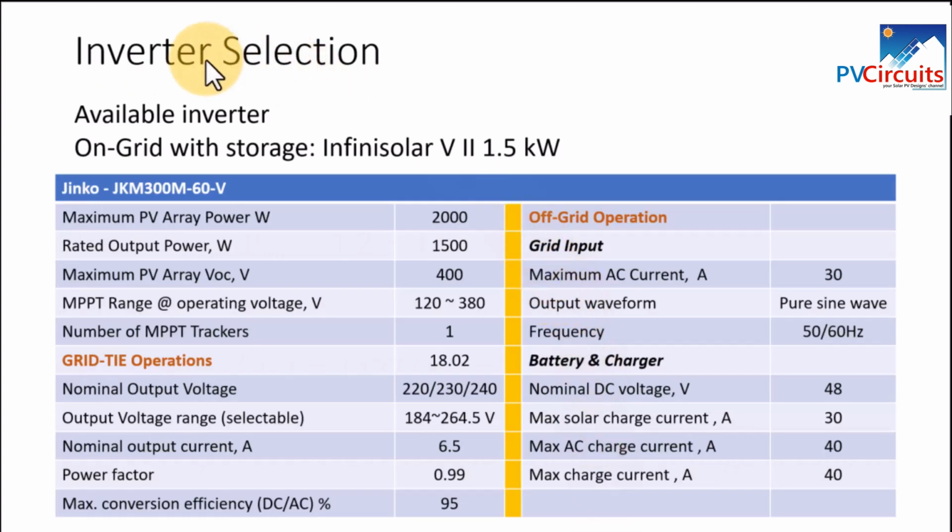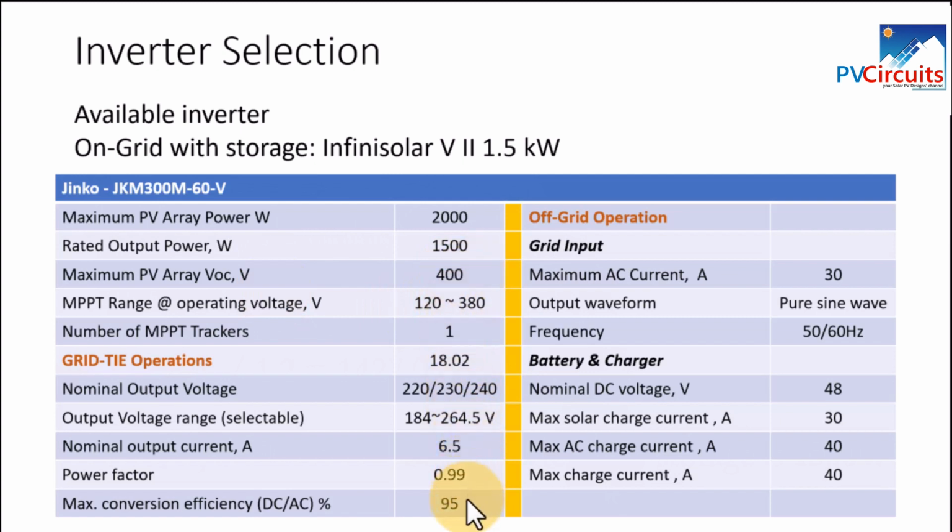So this inverter that we have selected of 1.5 kilowatt, these are the specifications. It allows a maximum PV of 2000 watts, and the rated output power is 1500, and the maximum VOC from the array should be 400.